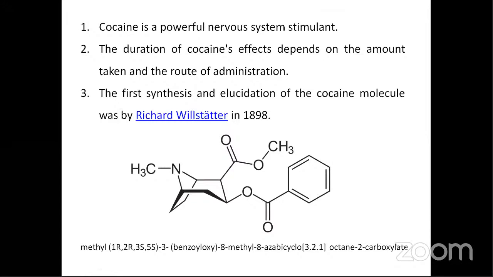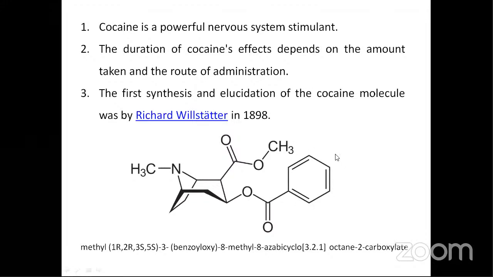So this is your cocaine. If you go for nomenclature, it is an ester form. Here the phenyl part is the lipophilic part. It is RCOOR', where R' is the side chain and R is the phenyl nucleus.